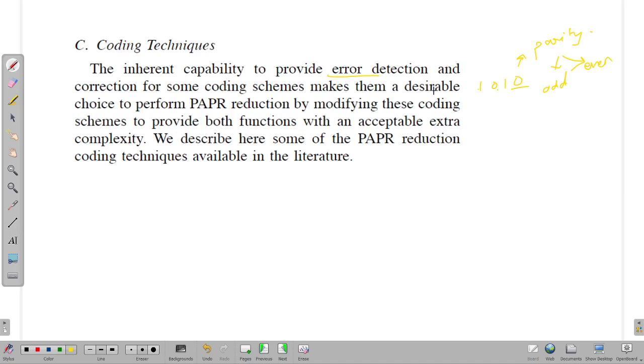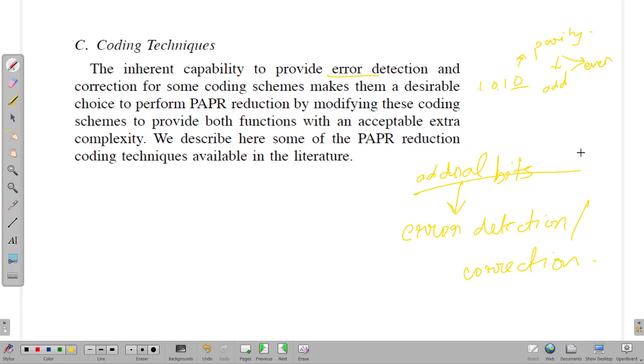The additional bits or the parity bits which are added help in error detection and correction, error detection or error correction. So this is the idea of coding techniques.